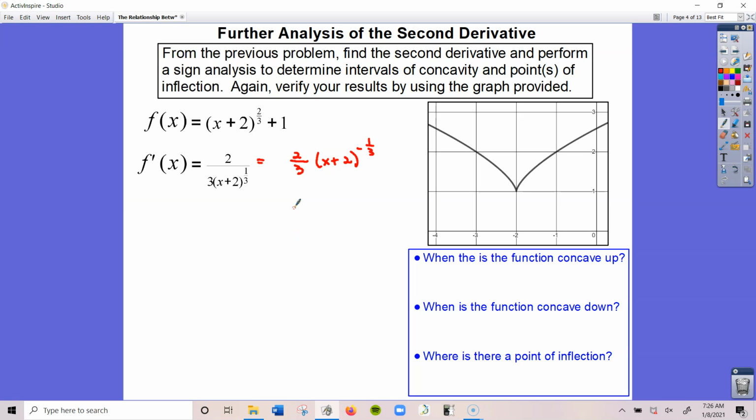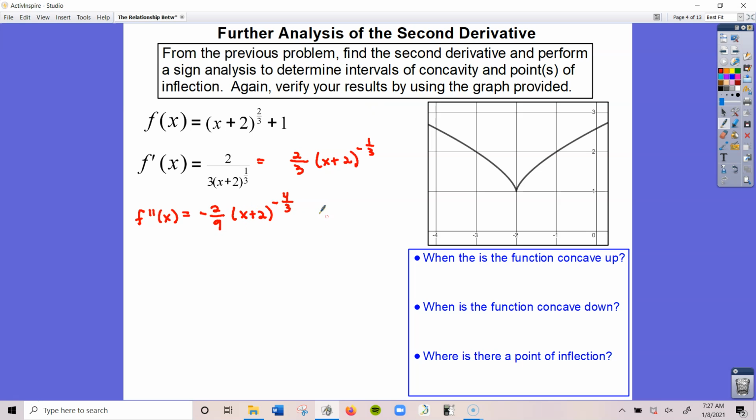In order to find the second derivative, it's just finding the derivative of the first derivative. So it just creates like a chain. F double prime of x is the derivative of the first derivative, so I am going to apply the chain rule once more. We multiply this negative 1/3 by the 2/3, which gives us negative 2 over 9 times x plus 2 raised to the negative 4 over 3, because I subtracted 3 over 3 from the exponent.